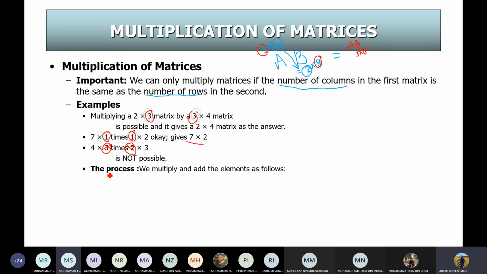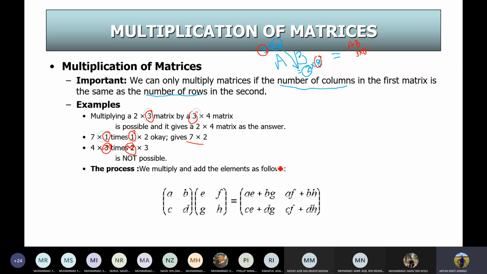Okay, so macam mana kita nak buat multiplication of the matrix? The process, we multiply and add the element as follows. So let's say yang ini awak ada satu matrix 2 kali 2, matrix A, dan matrix B awak pun 2 kali 2.